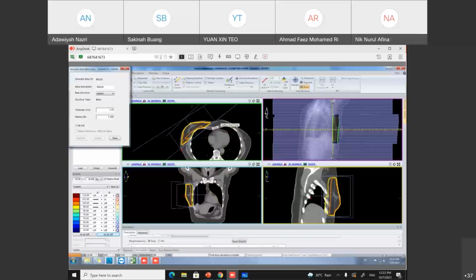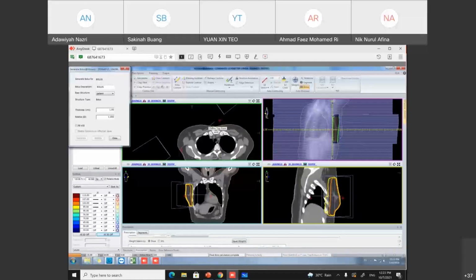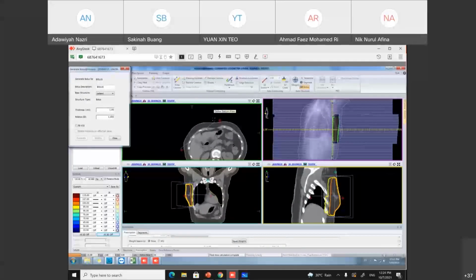Define the end point, meaning the bolus will apply from here to there, and then which area you want to cover, from the top point until the bottom point. It's okay if the bolus you contour is bigger than your field, because it's only applied to the treatment area calculations. So now I have generated the bolus.